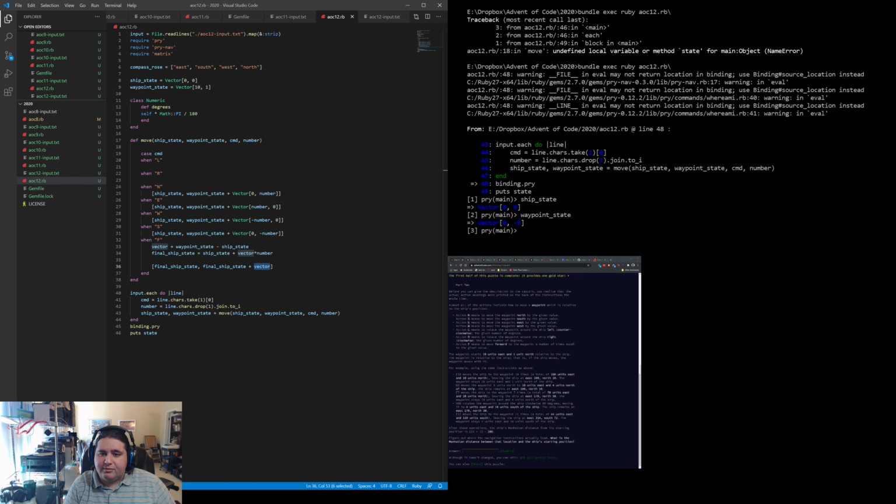And then left and right, rotate the waypoint around the ship, left counterclockwise, the given number of degrees. Right, rotate the waypoint around the ship clockwise.